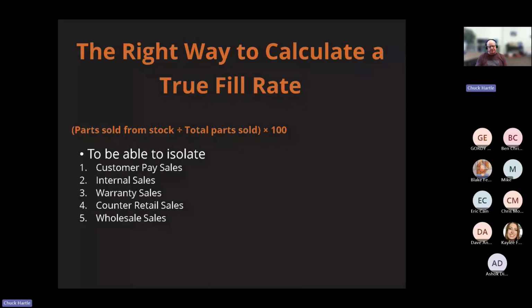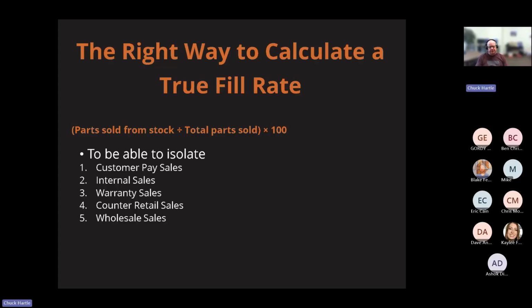How many of you really think your customer pay fill rate is above 90%? If you're doing a lot of maintenance work in your shop, I'm going to tell you that your customer pay fill rate more than likely is somewhere around 90 to 98%. That's where you're going to have by far your best fill rate.